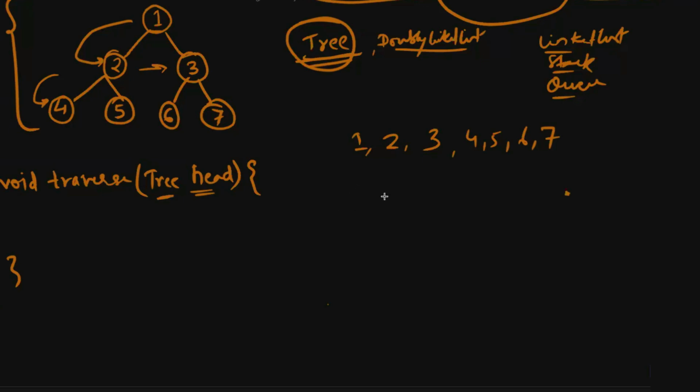First, let's define the tree data structure. In this tree data structure, we know that we have a value and we have links to two different nodes. Similarly, this node also will have the same thing, right? And these nodes we are calling child nodes, left child and right child.